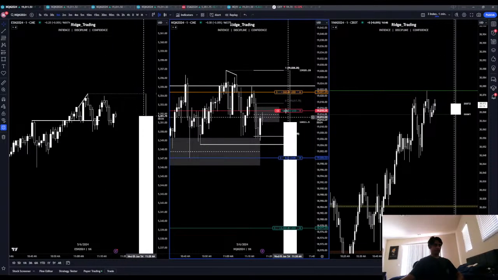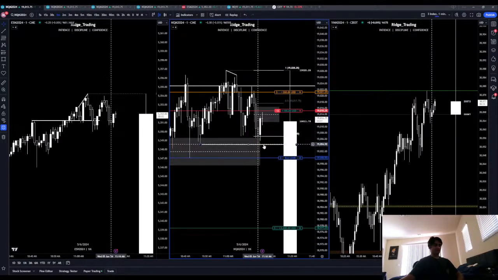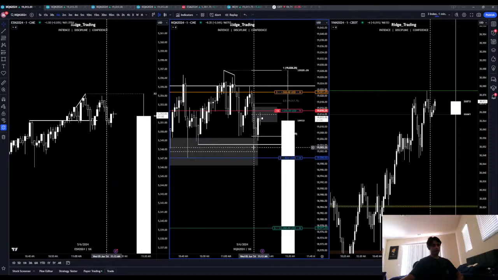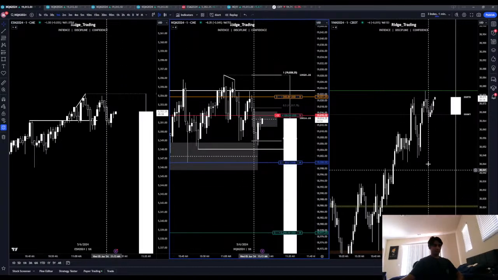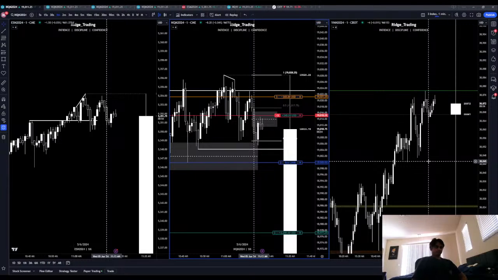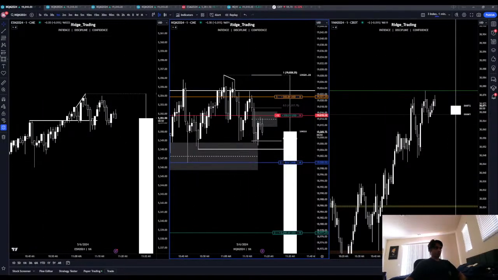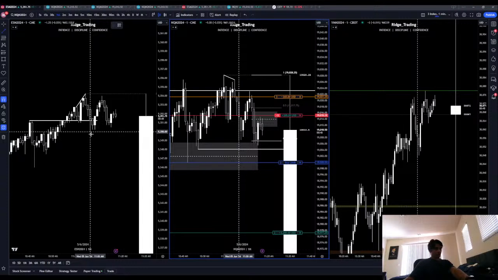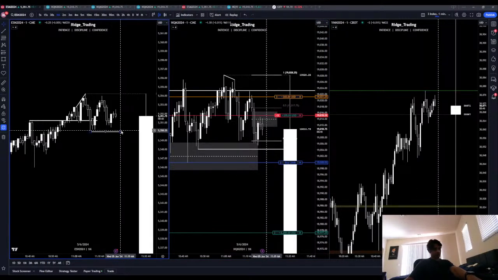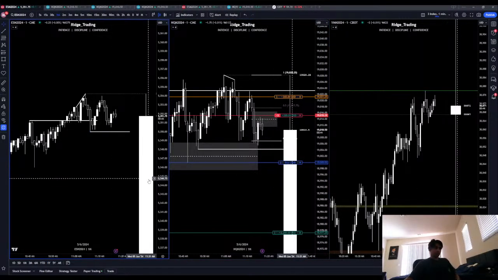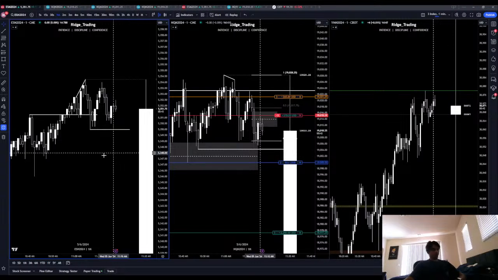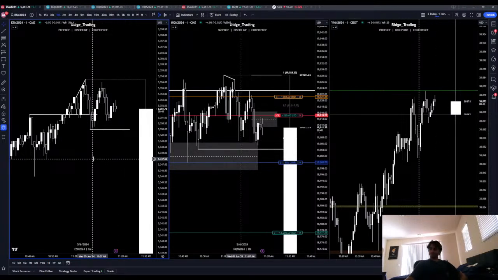If we get above this FVG, then this SMT will be valid. Watching over here on ES, really want to see price get under this level here. It will give me much more confidence on this trade.